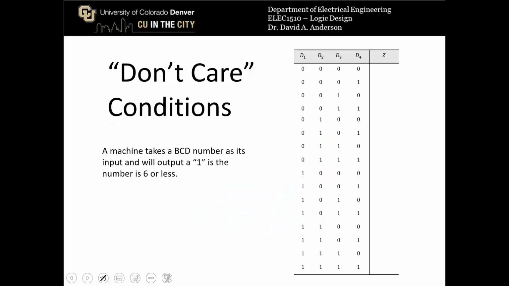Okay, now let's look at a more realistic example, and more complicated. A machine takes a BCD number as its input and will output a 1 if the number is 6 or less. BCD only goes from 0, 0, 0, 0, which is decimal 0, to 1001, which is 9. 1010 is A in hex or 10, but in decimal that's 2 digits, and so that's not represented in BCD.